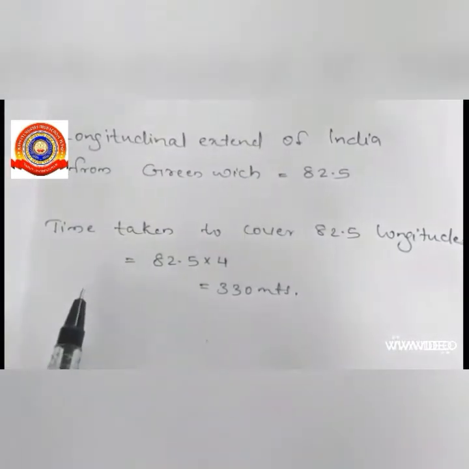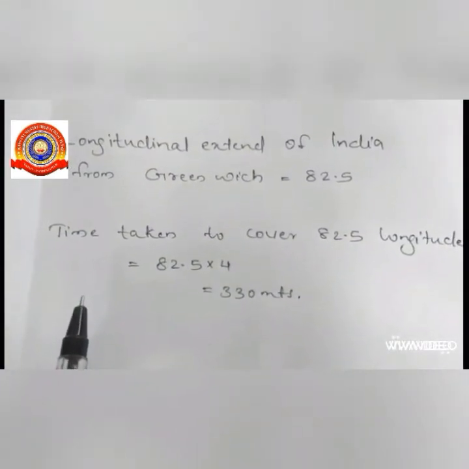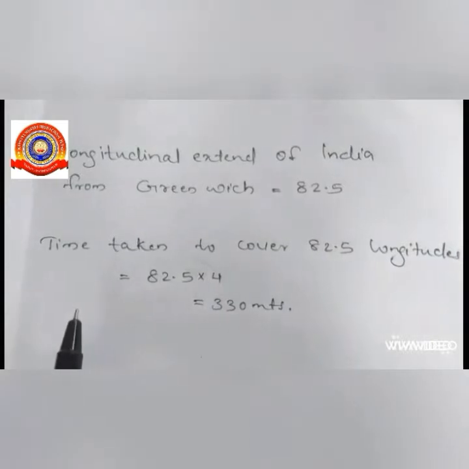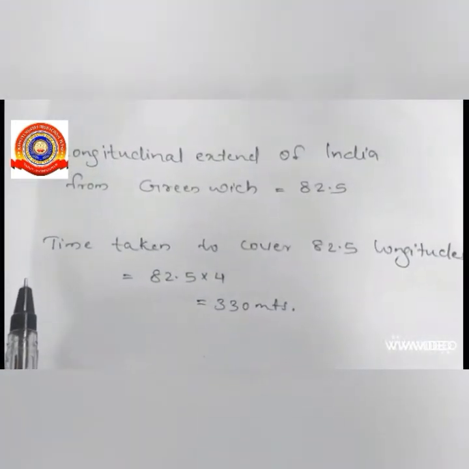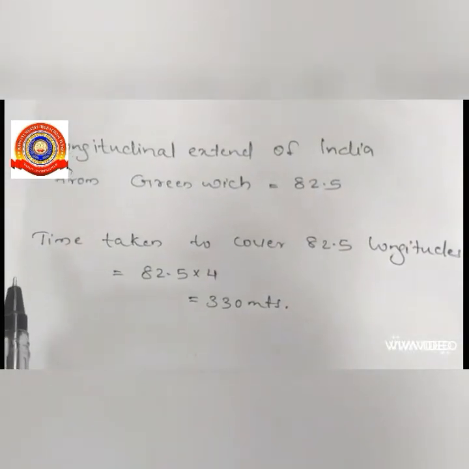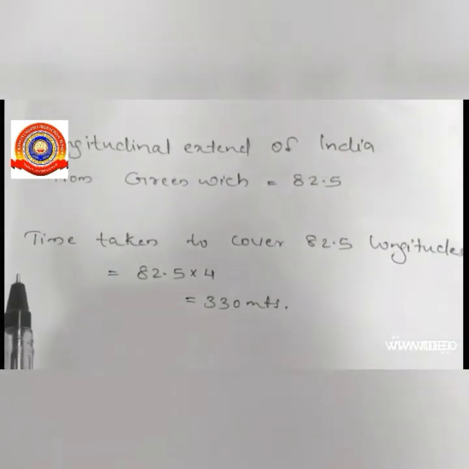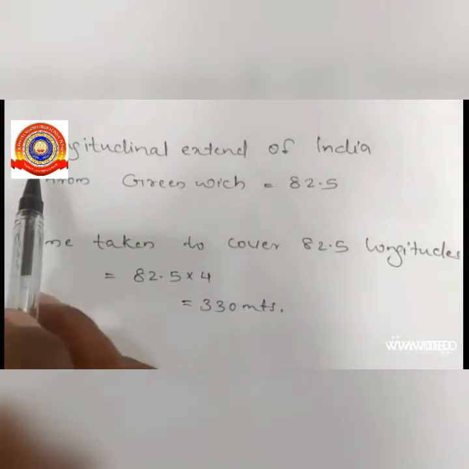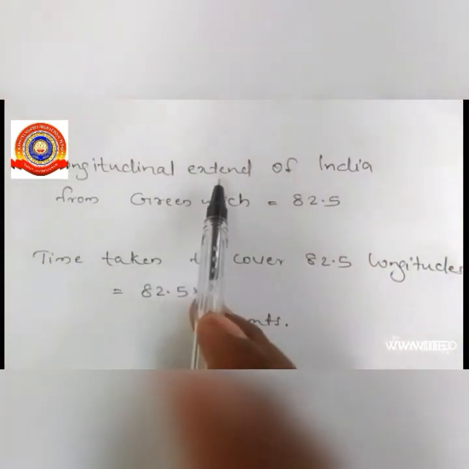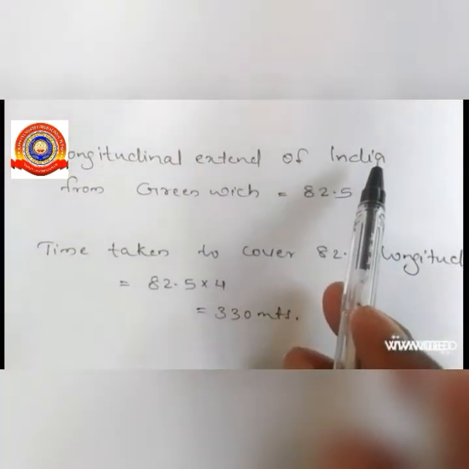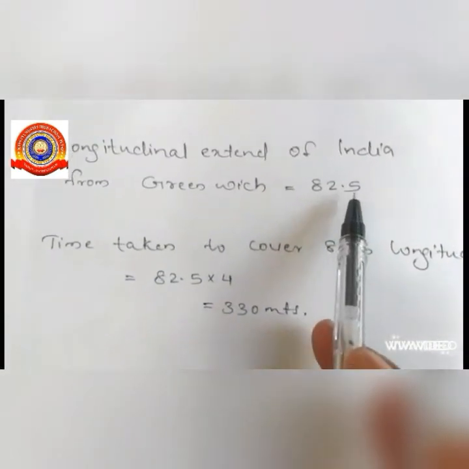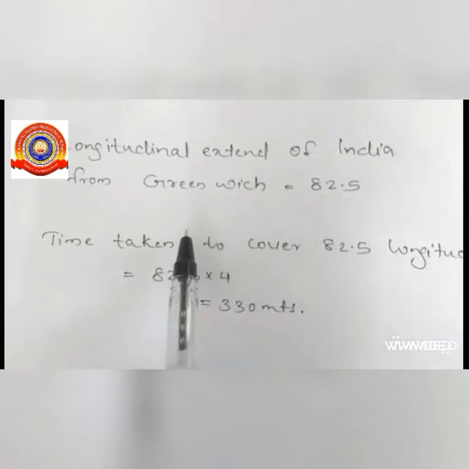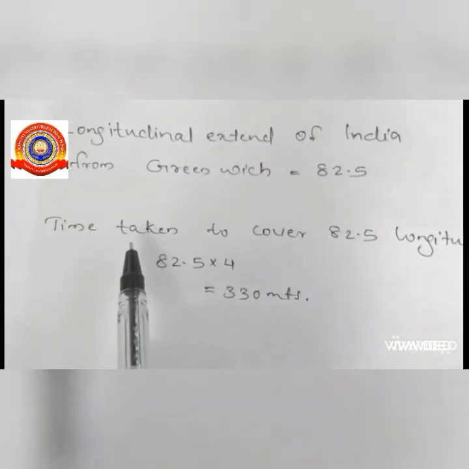Next, how to find standard time in India. Simply we can say the time needed to cover 82.5° longitude is the standard time of India. How can we find this? Look carefully. We know that the longitudinal extent of India from Greenwich is 82.5.